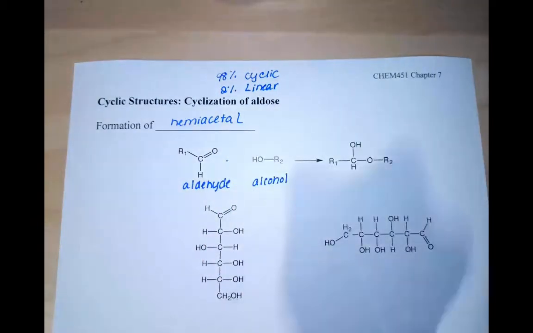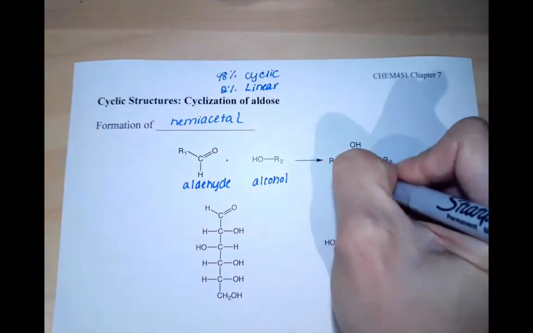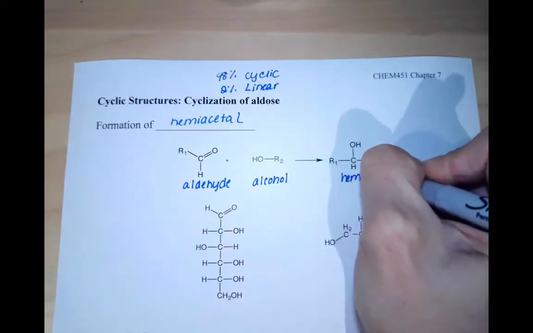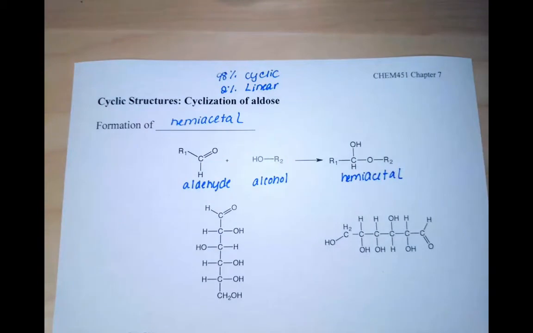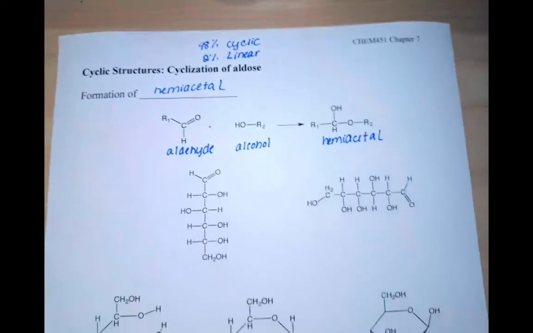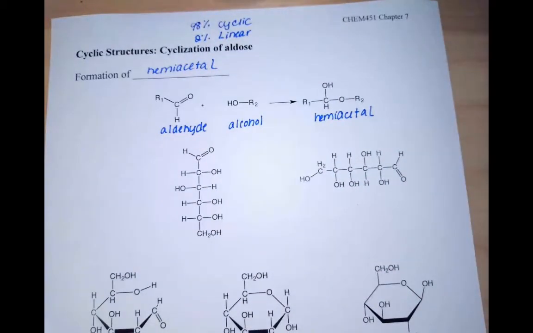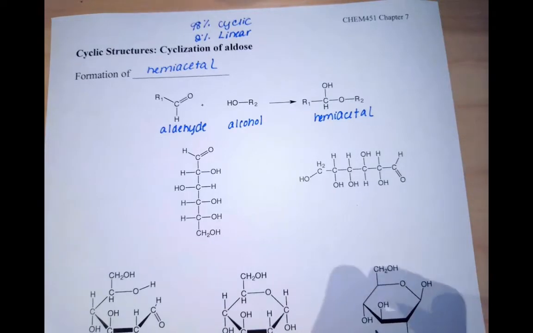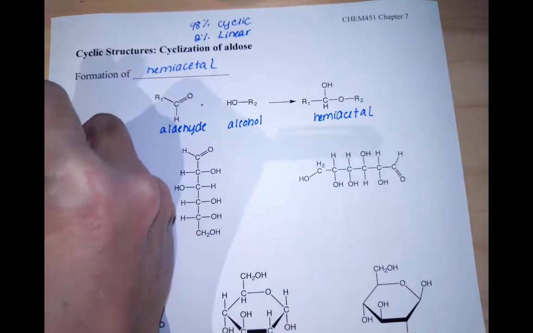So this forms our hemiacetal group. So when an aldose forms a cyclic structure, it also forms a hemiacetal. And in fact, it forms what's called an internal hemiacetal.